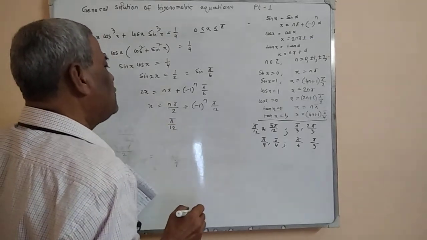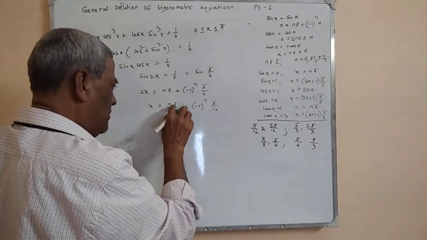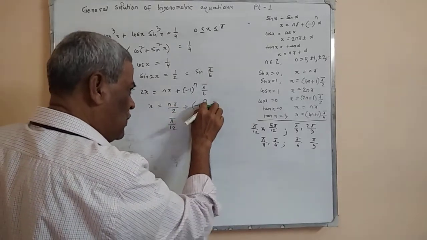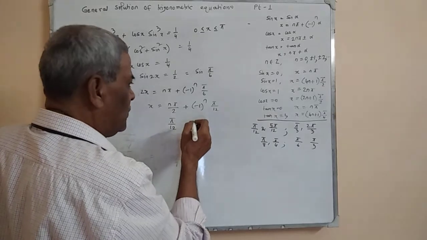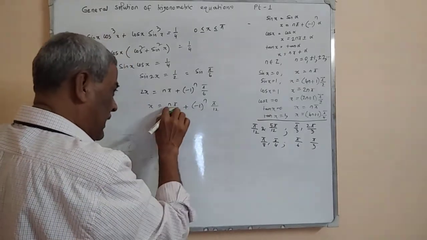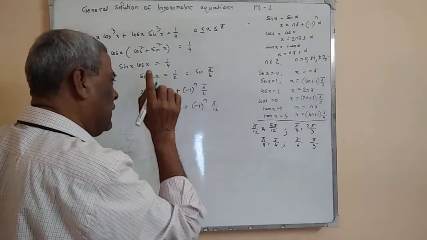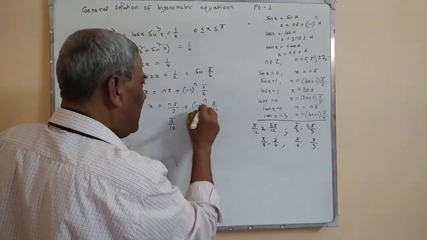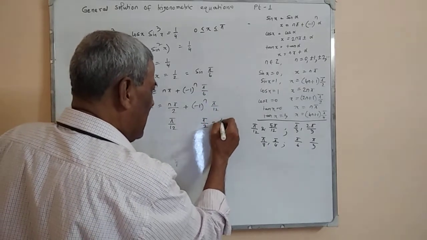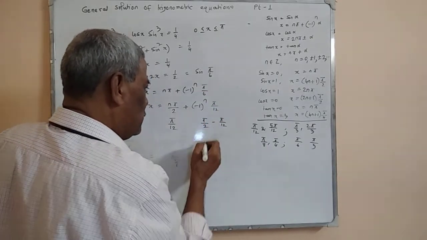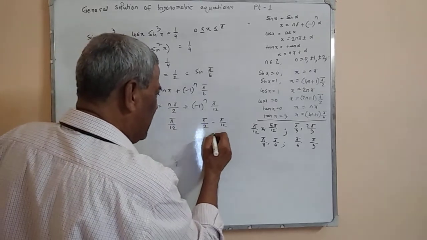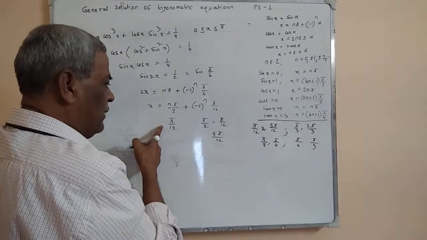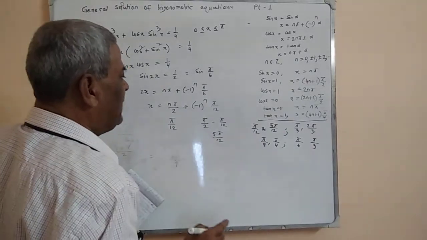Putting n is equal to 1, this becomes pi by 2, and since n is 1, it is actually minus pi by 12. So it is equal to 5 pi by 12. So we get pi by 12 as one result, and the other result is 5 pi by 12.